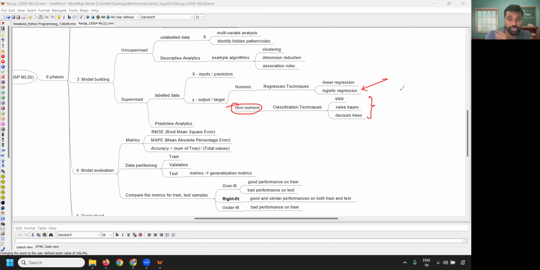Logistic regression is used for predicting non-numeric outcome. And I was talking about accuracy, right? So for classification methods where you have non-numeric outcome, we cannot directly use error calculation. So what we do, we use comparison technique and then we calculate accuracy.